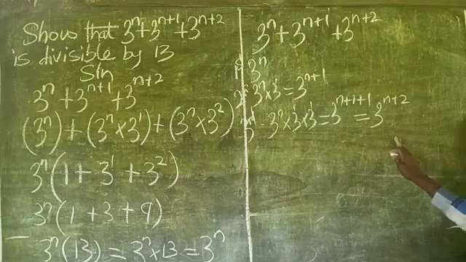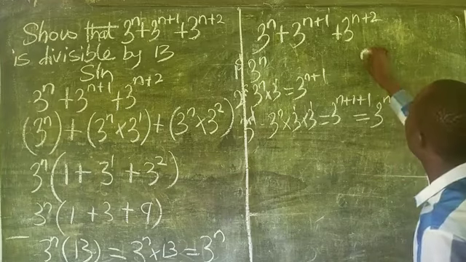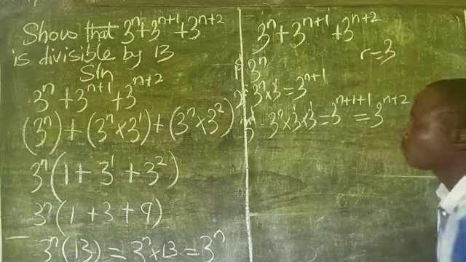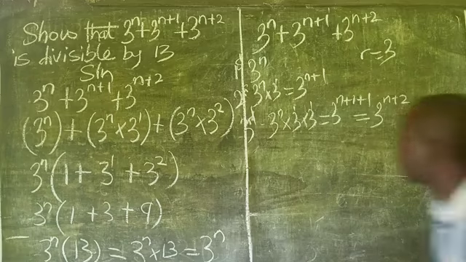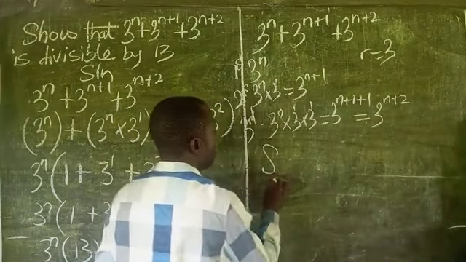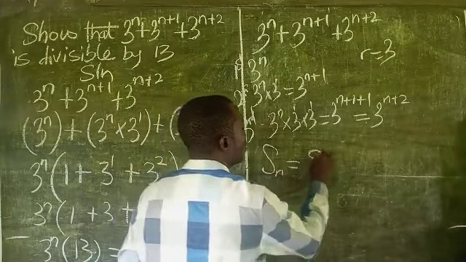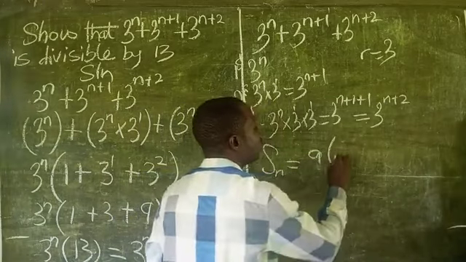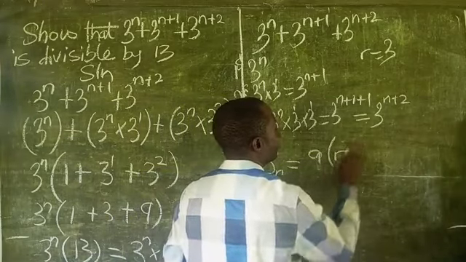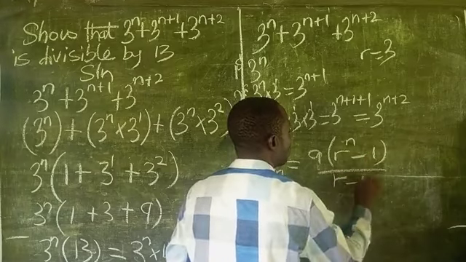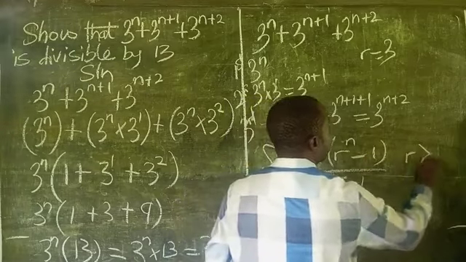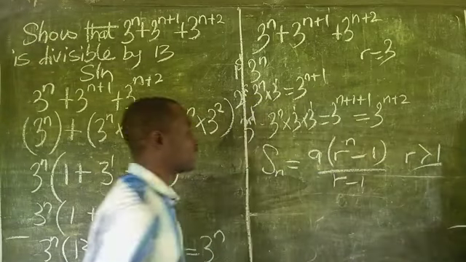With this, it's therefore obvious to us that the common ratio R will be 3. And the sum of a GP is given as S_n equal to A into R raised to power n minus 1, all over R minus 1, provided R is greater than 1.